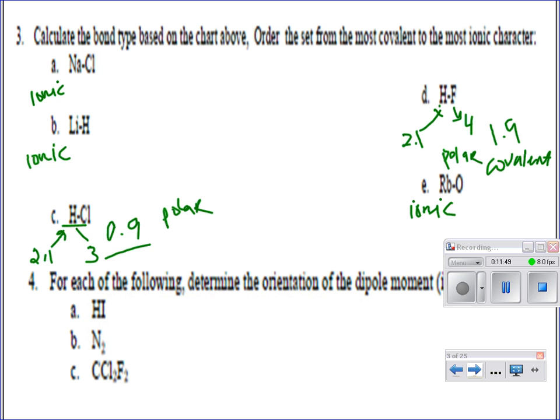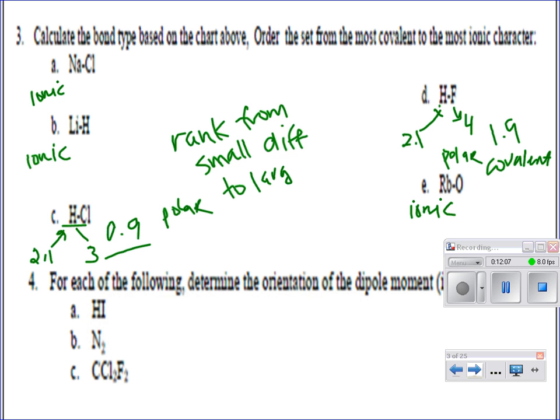But if we were to rank these in order of most ionic character, the ones that have the biggest electronegativity difference are the most ionic. So you're ranking them from small differences to larger differences. We don't need to do that. You guys are smart enough to do that.